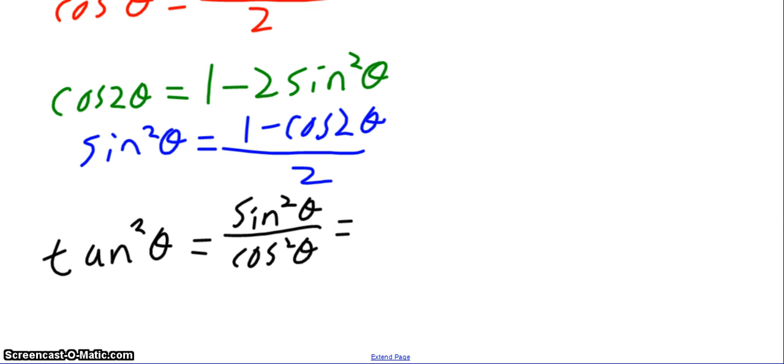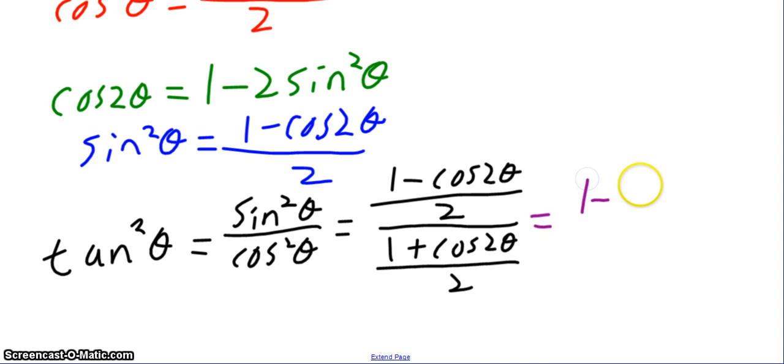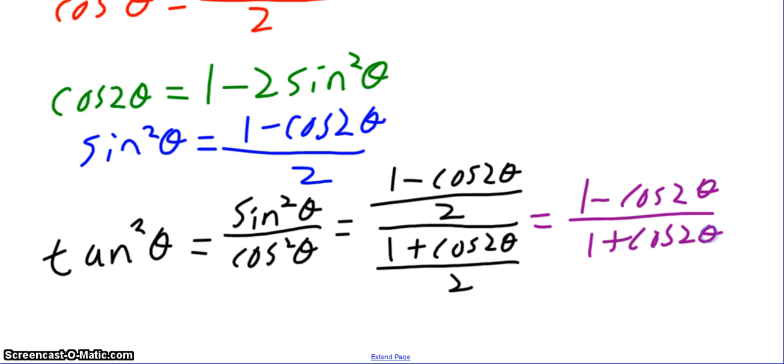What we just saw from our power reducing, sine squared is (1 minus cosine of 2 theta) over 2, and cosine squared is (1 plus cosine 2 theta) over 2. The 2's are going to reduce, and so I'm left with (1 minus cosine 2 theta) over (1 plus cosine 2 theta). So that's the power reducing identity for tangent.